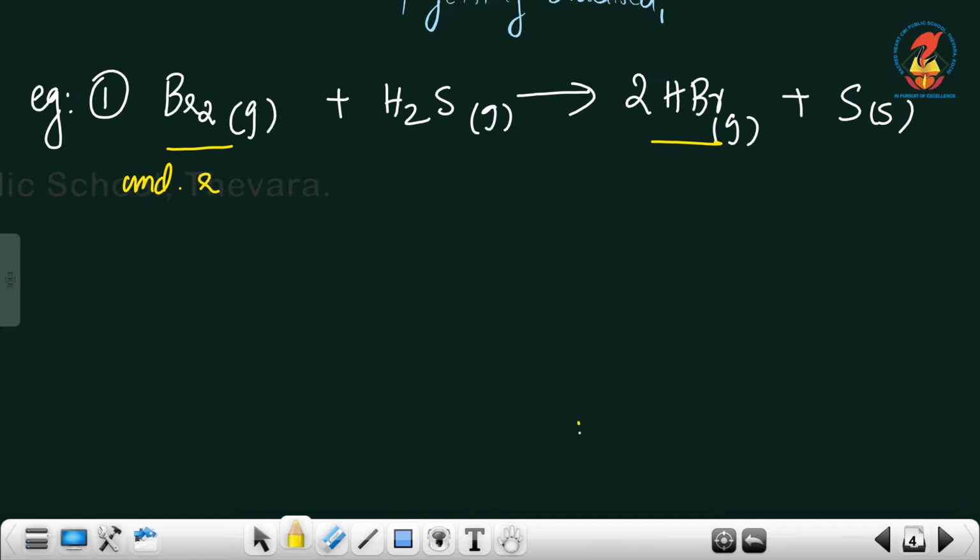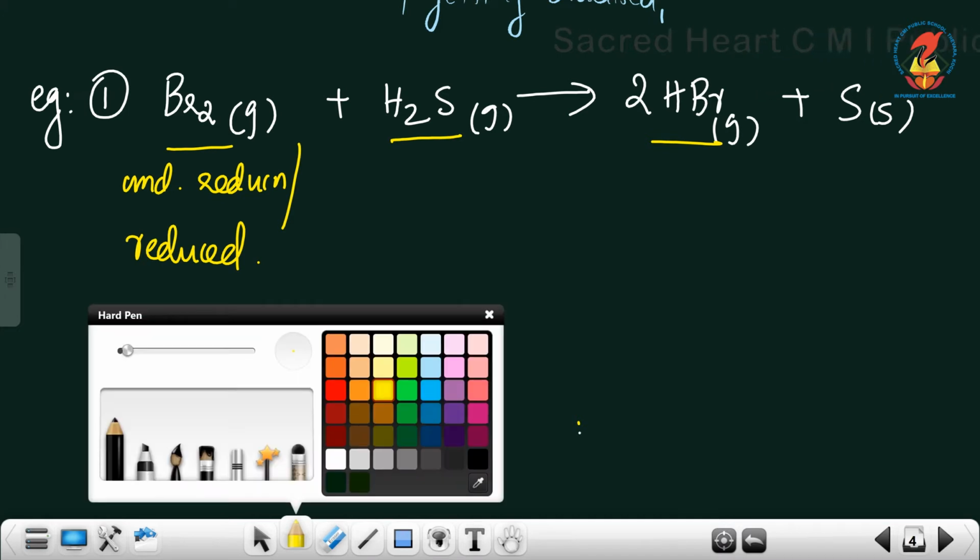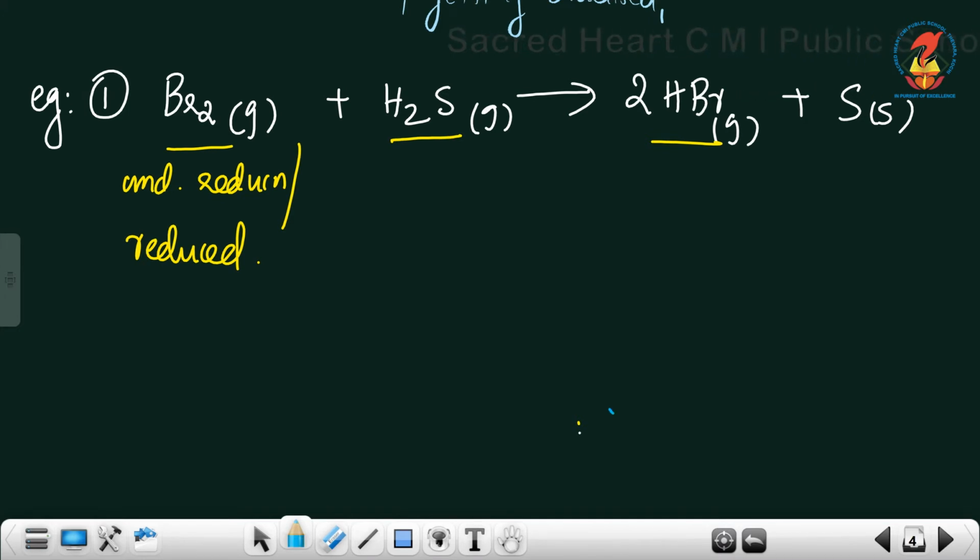So bromine is undergoing reduction, or bromine is getting reduced. Now who is reducing this bromine here? Who is supplying hydrogen to this bromine here? Yes, it is H2S, because H2S becomes sulfur.